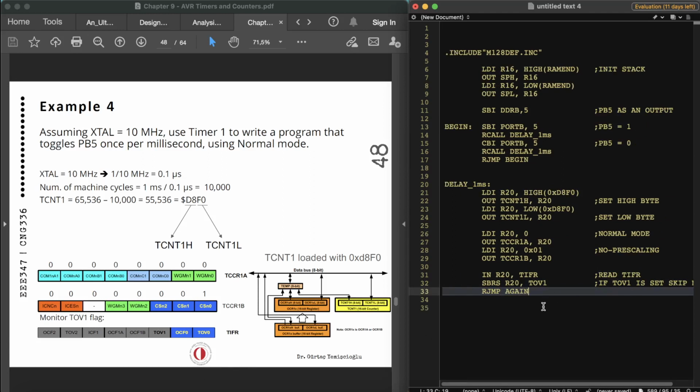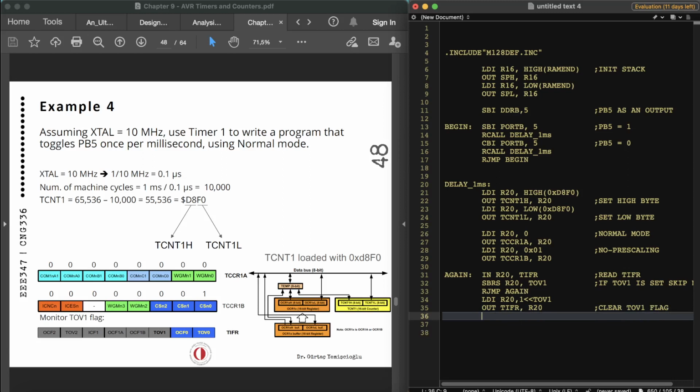So I have to monitor it until that is set. So I can say again over here. Once that is done, if it is set, that means I have to clear the flag. LDI R20, 1 shifted by TOV1, and OUT TIFR, R20, clear the TOV1 flag.